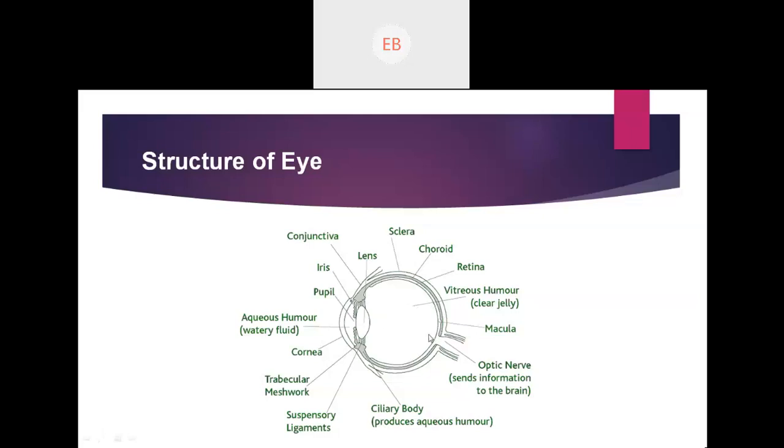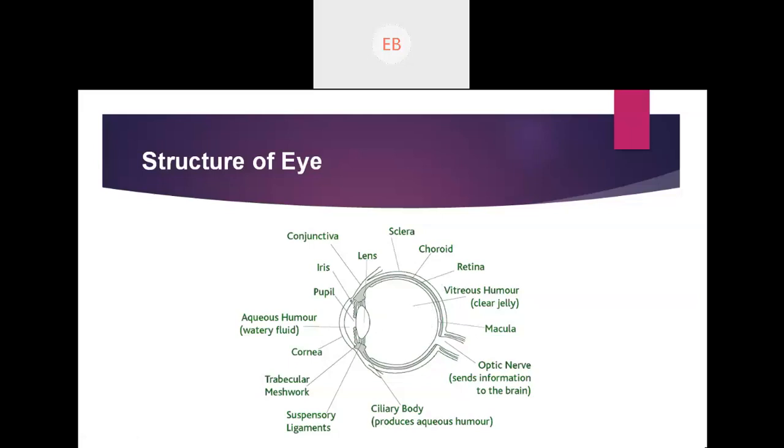Rods do the same thing, but they are more active at night. Night vision is only possible because of the rods. So the cones and the rods are the two basics of the retina.